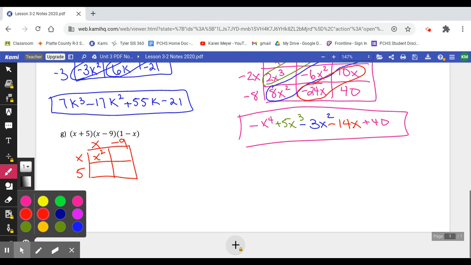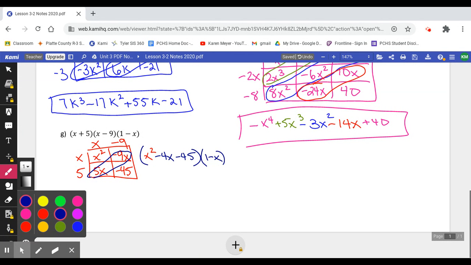So that gives me x squared minus 9x, positive 5x, and negative 45, which will give me x squared. And then my like terms will give me negative 4x minus 45.